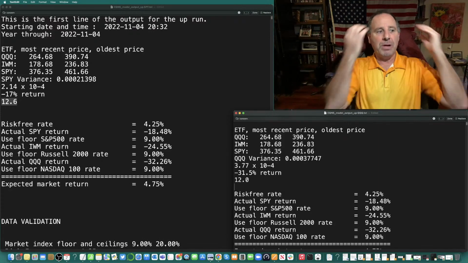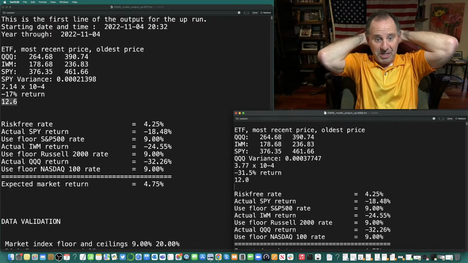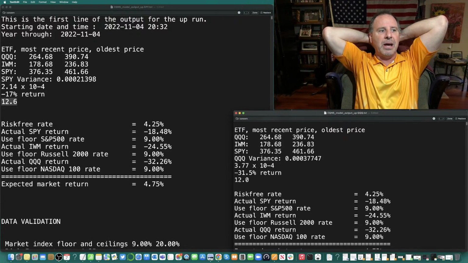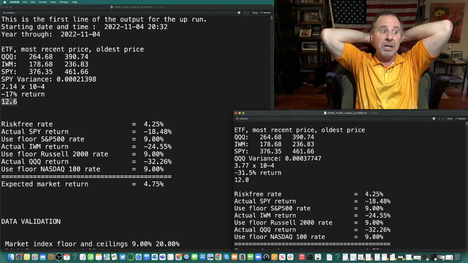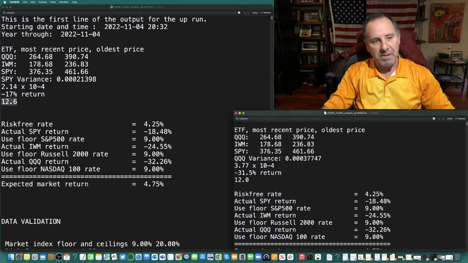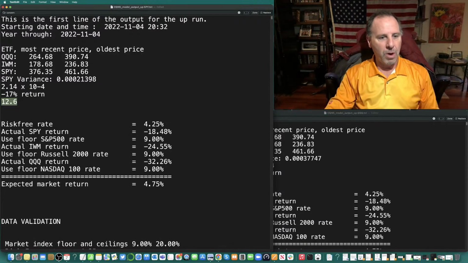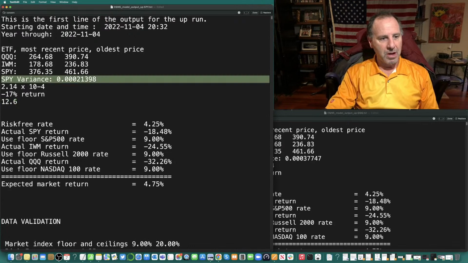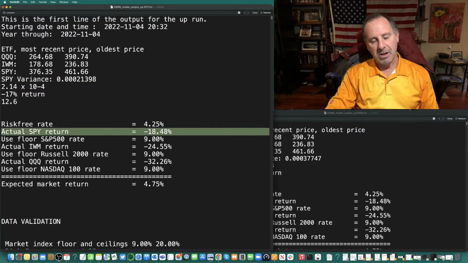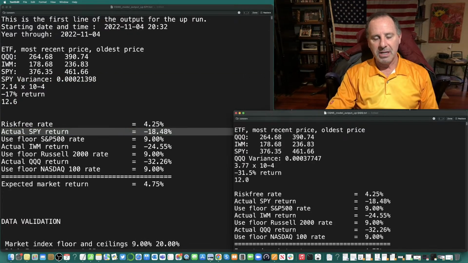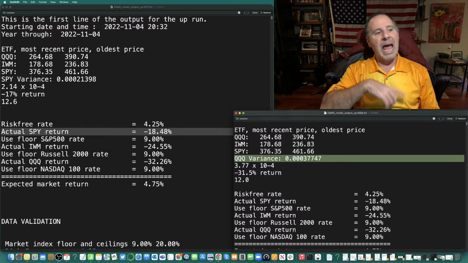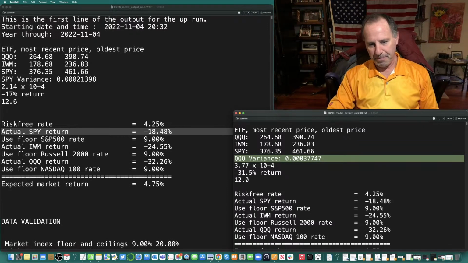So now, the big question I asked myself for like a month, which is, should we be basing our model, our optimized portfolio, on the S&P 500 with more attractive variance, most attractive return, or should I base it on the QQQ, which has the most variance and the least attractive return?